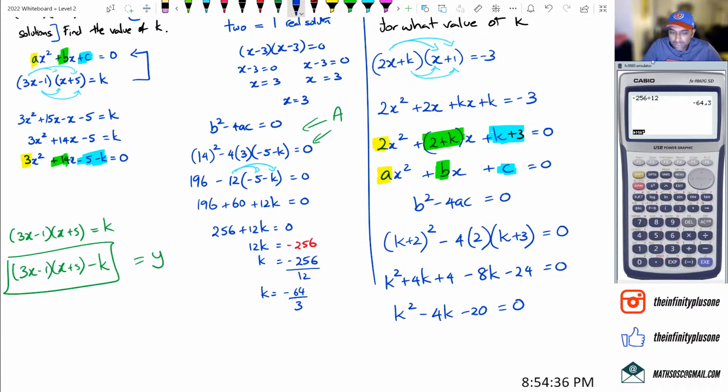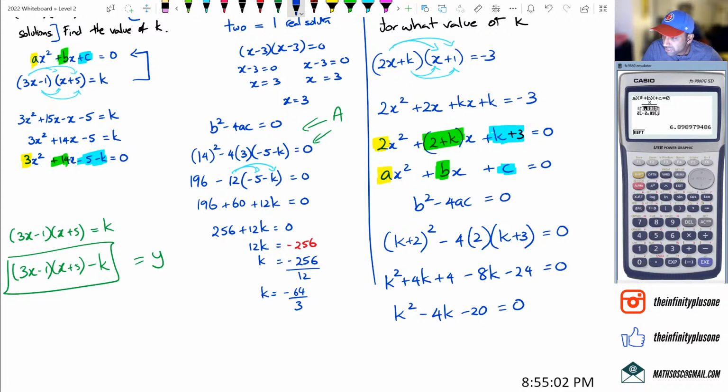Now at this point we can just chuck it straight in the calculator. We're going to go into equation, and we've got polynomial, which is degree 2, and we're going to punch in these values, which is 1, negative 4, and negative 20.